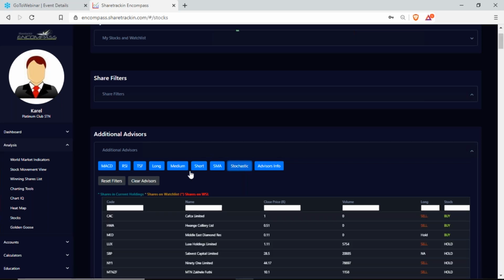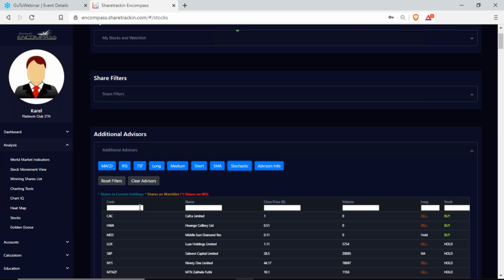So before I explain shares in current holding, shares on watch list, and shares on WSL, I'm going to explain the table first. So first up, I have a company code. Each company on the JSE has its own 3-letter code connected to its name. Then we have the company's name.